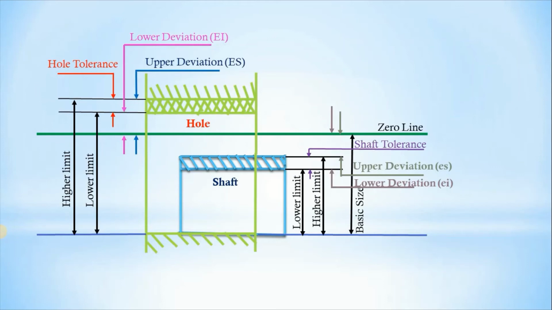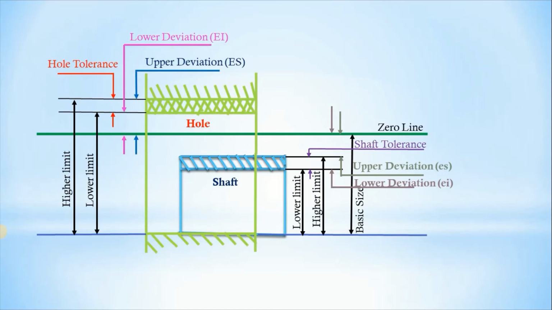So based on these upper and lower deviations, we get a fundamental deviation. It is that one of the two deviations which is conventionally chosen to define the position of the tolerance zone in relation to the zero line. It is the one nearest to the zero line.